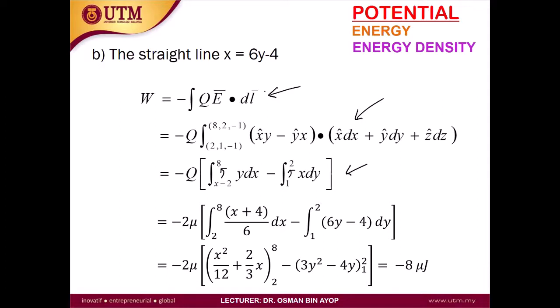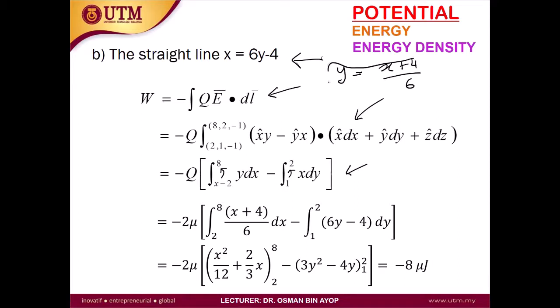So what is y? From x equal to 6y minus 4, you can obtain y equal to (x plus 4) divided by 6.